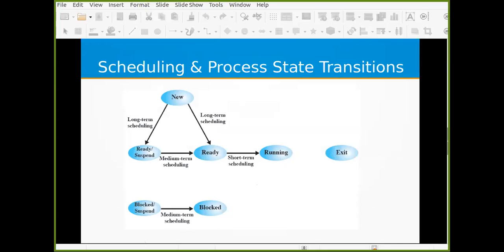So this is how you can see where each type of scheduling algorithm is used in the process state transition diagram. This is the relation between scheduling and process state transitions, and it will give you some idea where each scheduler plays its role. As I just discussed, throughout this chapter we'll be focusing on different strategies or algorithms which are used for short-term scheduling.